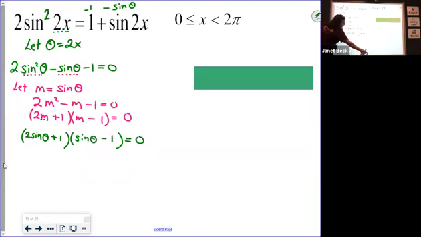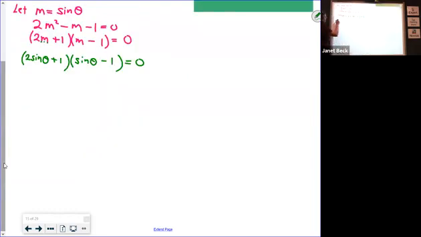Now I have to solve for each factor. The first factor gives me the sine of theta equals negative 1/2. My second factor gives me the sine of theta equals 1. So now I've got 2 solutions to look at.